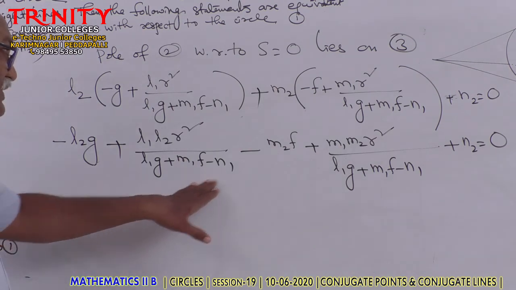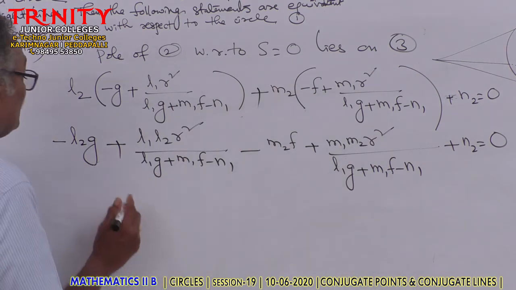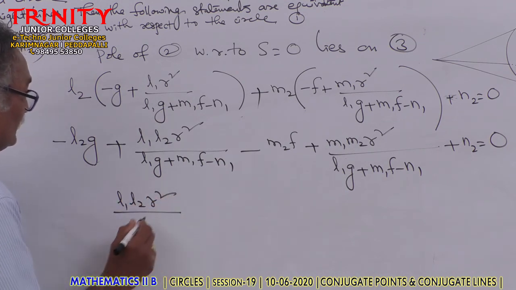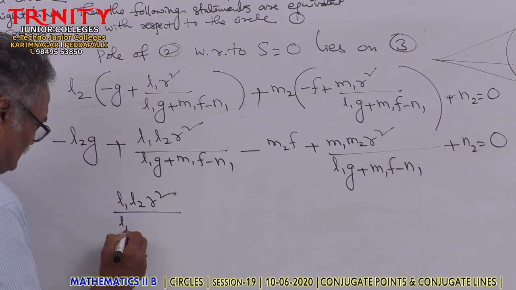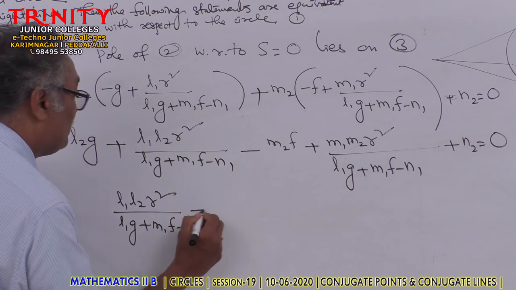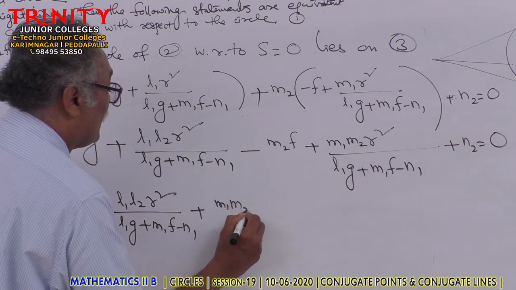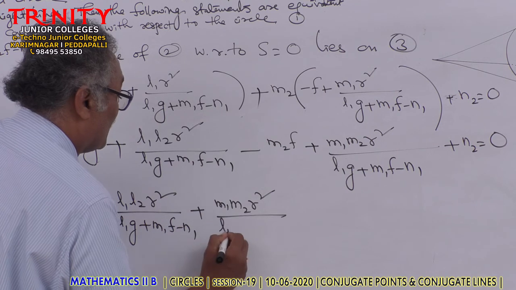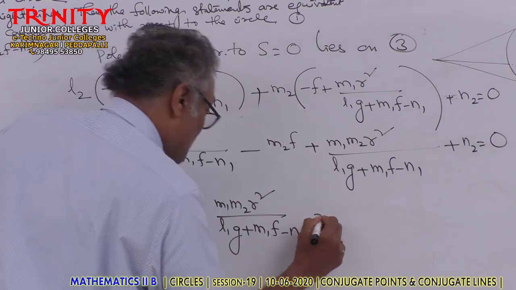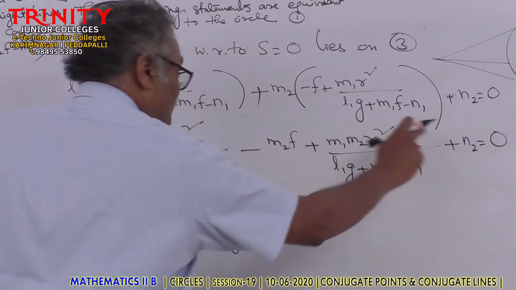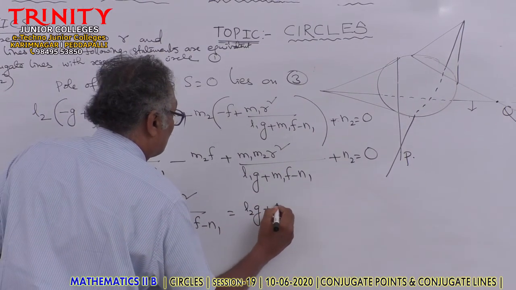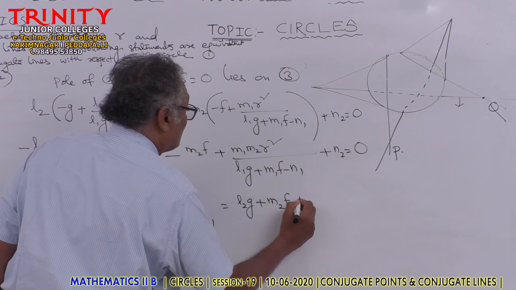Here, take the LCM of the denominators. L1 L2 R square by L1g plus M1f minus N1 plus M1 M2 R square by L1g plus M1f minus N1 equals, write these three terms on the RHS, that is L2g plus M2f minus N2.